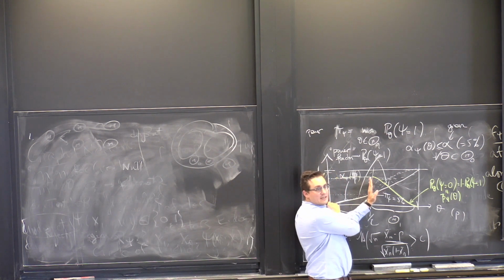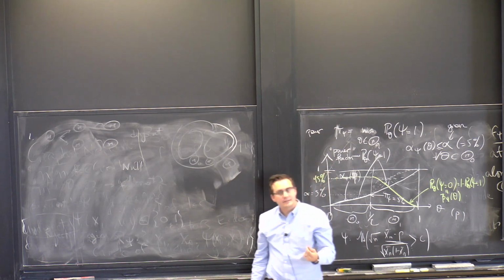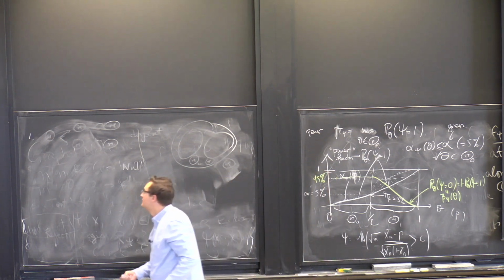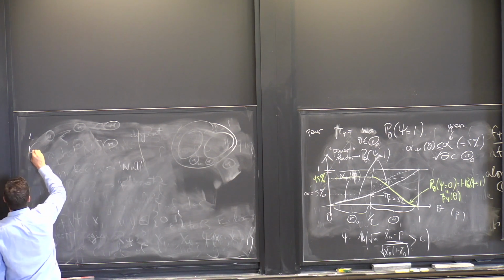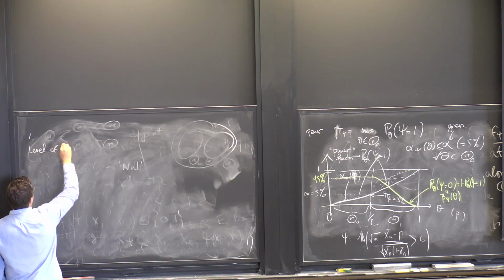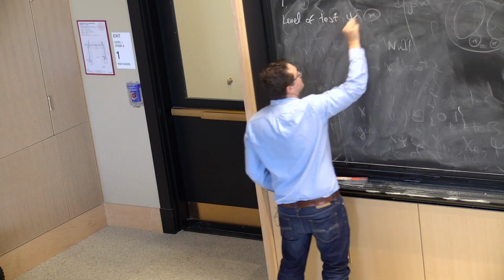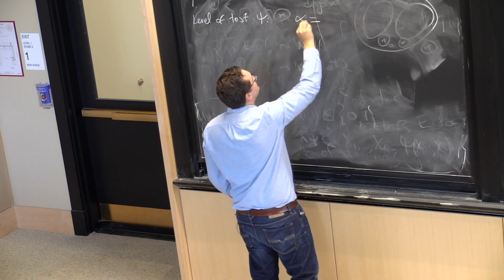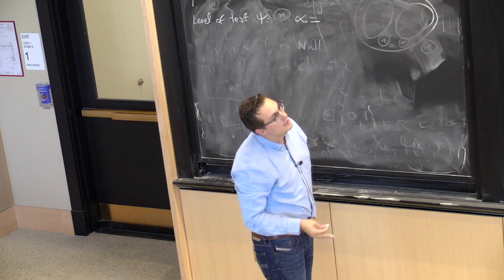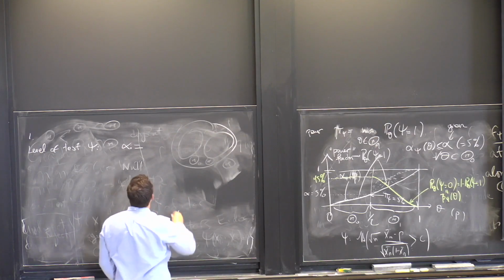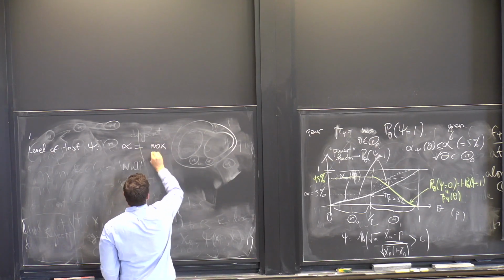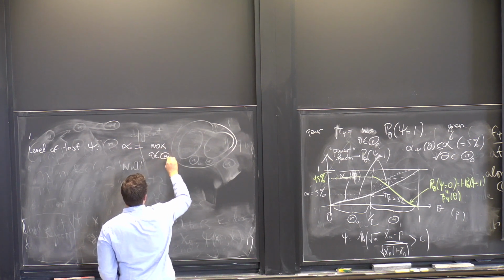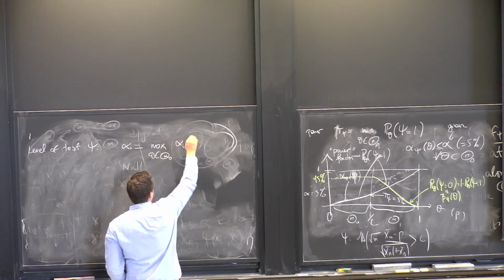And I can look at this side and say, what is the largest probability that I make a type 1 error? Again, this largest probability is the level of the test. OK, so this is alpha equal, by definition, to the maximum for theta in theta naught of alpha psi of theta.